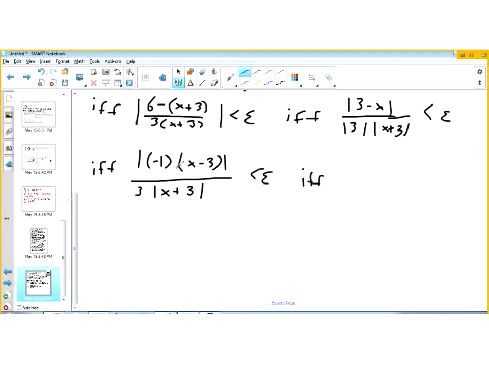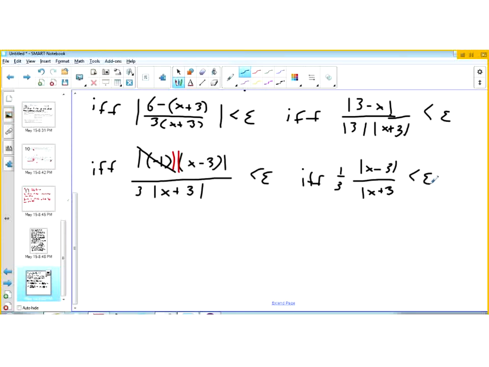And 3 times the absolute value of x plus 3 is less than epsilon. The absolute value of -1 gets tossed. Because I can take this product of absolute values and express it as two absolute values, I'm kind of cheating when I do this, but I can split those, and then this term goes away like that.